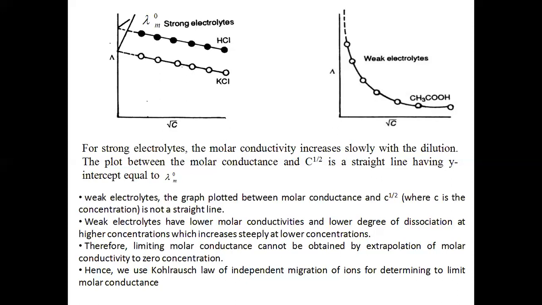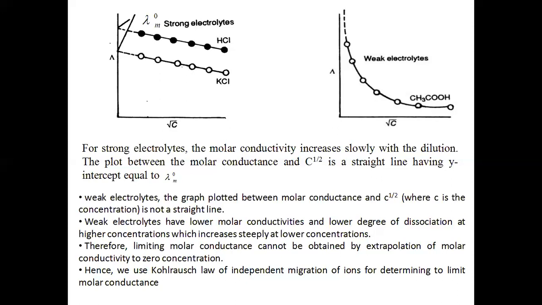We can find the molar conductance at infinite dilution by extrapolating the molar conductance against the square root of C graph. But in the case of a weak electrolyte, we plot a graph.